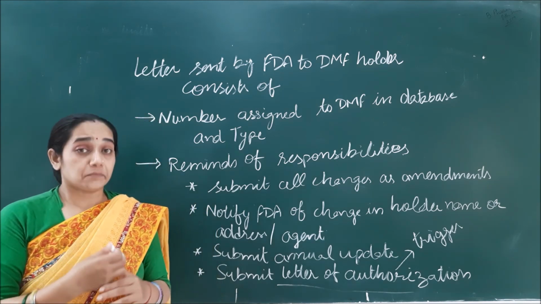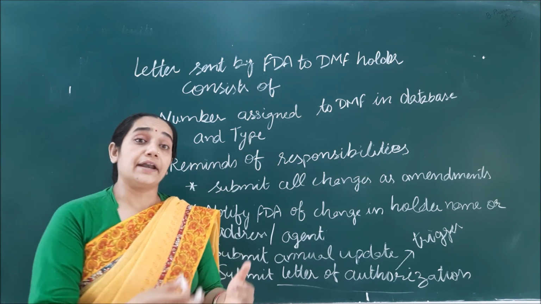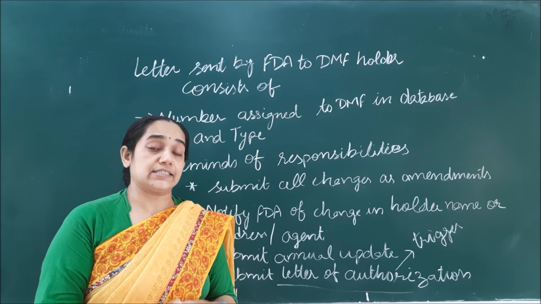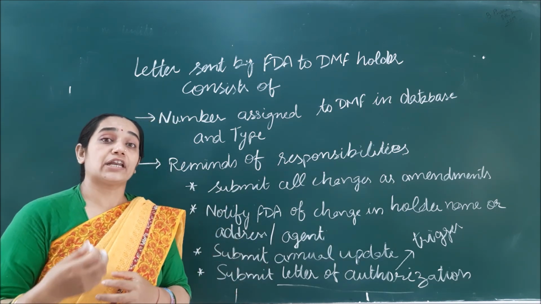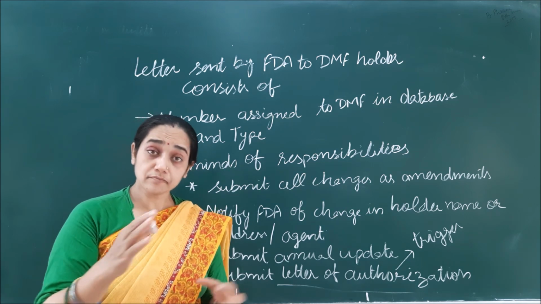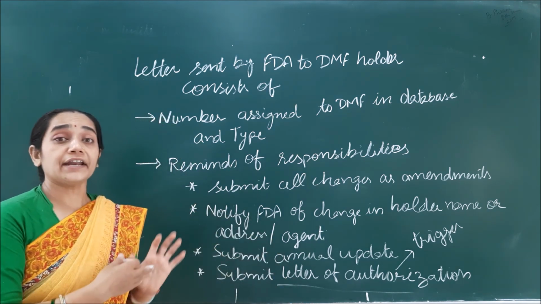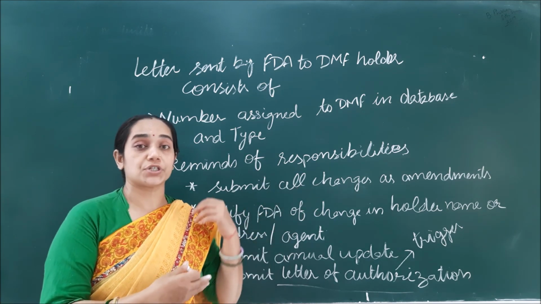Now, if the FDA sends a letter to the holder and the holder again does not respond for 90 days, then this DMF will be removed from the central document room, and it will be kept in the federal documentation repository.